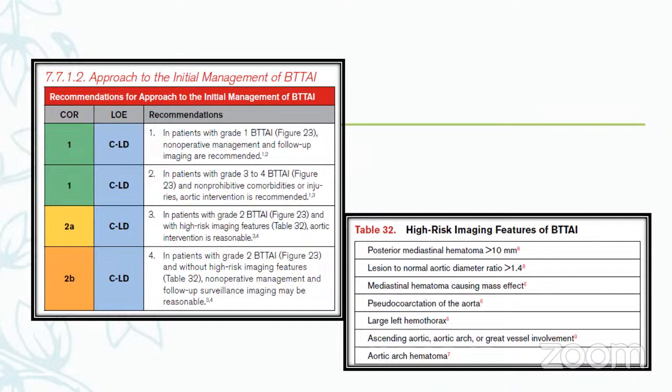In cases of grade 2 injury and high-risk imaging features, as we can see in the next table, aortic intervention is class 2A. And in cases of grade 2 injury but without high-risk imaging features, non-operative management and follow-up surveillance using imaging is class 2B.